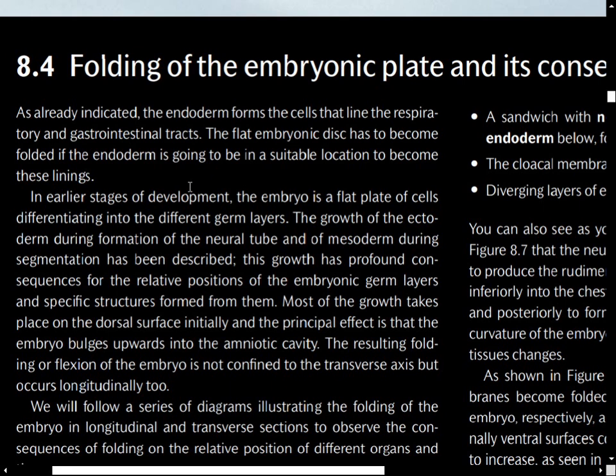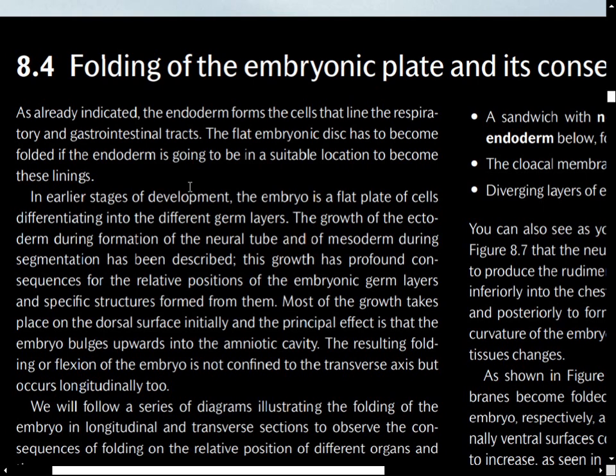In earlier stages of development, the embryo is a flat plate of cells differentiating into the different germ layers. The growth of ectoderm during formation of the neural tube and of the mesoderm during segmentation has been described.